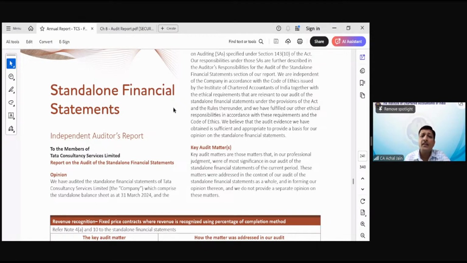He will be providing every required reference, everything which has been checked in quite detail. So let's try to understand, and I think you'll get more clarity when you read this. So let's read this para of opinion.